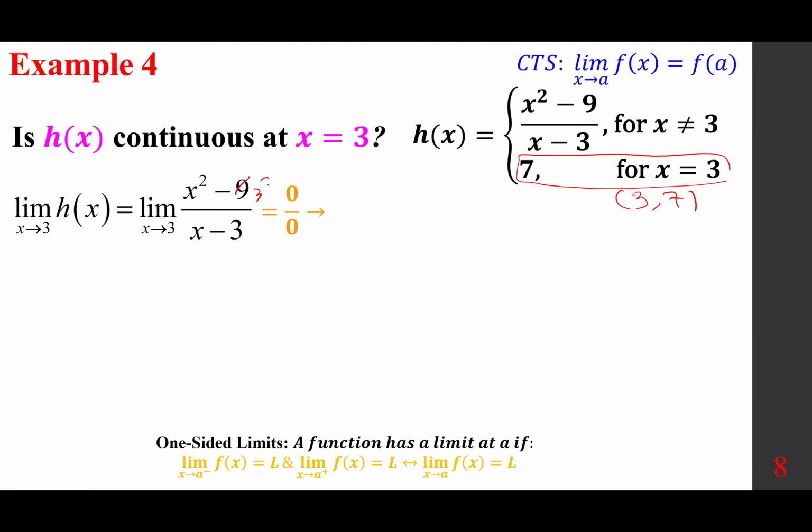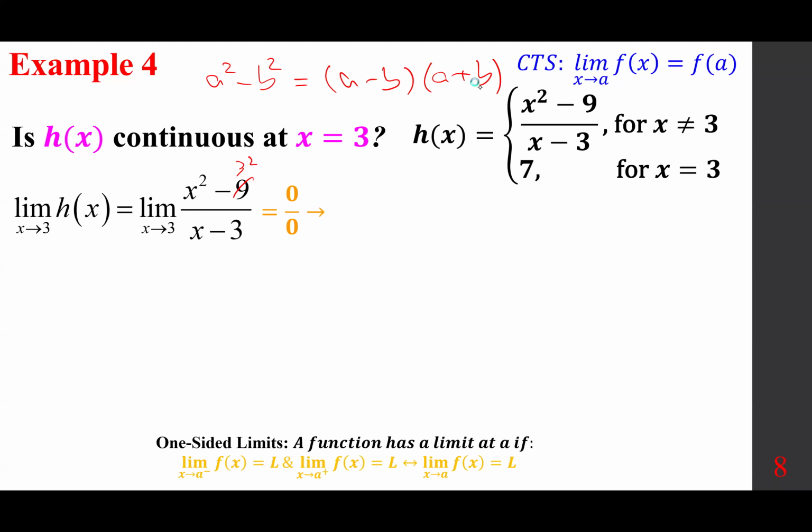You notice 9 is the same as 3 squared. So a squared minus b squared is a minus b, a plus b.